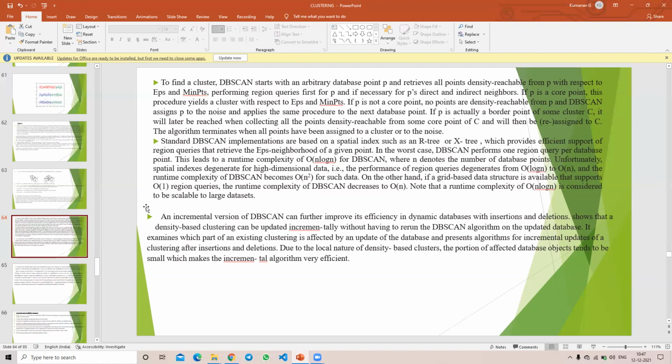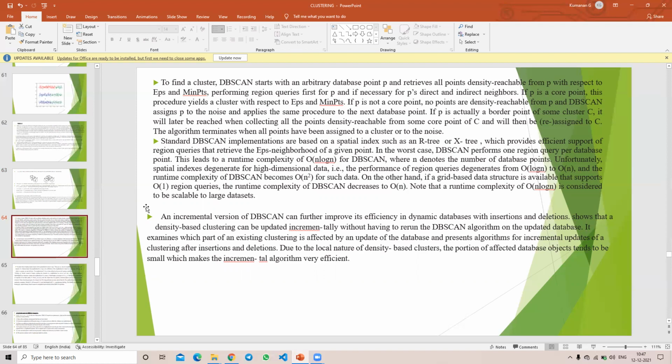If P is actually a border point of some cluster C, it will later be reached when collecting all points density reachable from some core point of C, and will then be reassigned to C. The algorithm terminates when all points have been assigned to a cluster or to the noise.